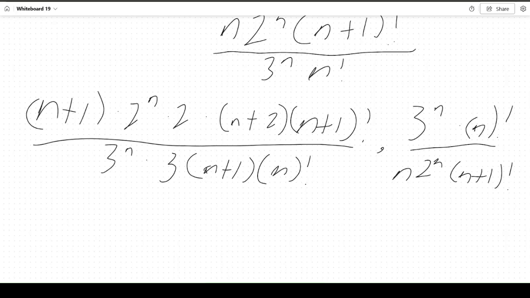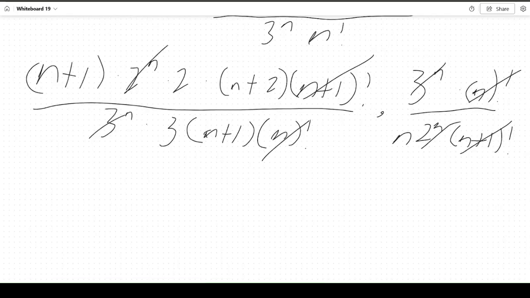Now we're going to distribute this, so we're going to cancel out 3n. We're going to cancel out 2n. We're going to cancel out n factorial. We're going to cancel out n plus 1. We're left with only this.